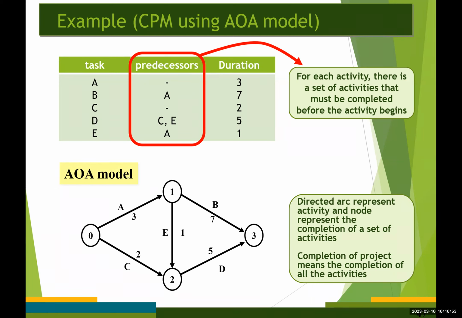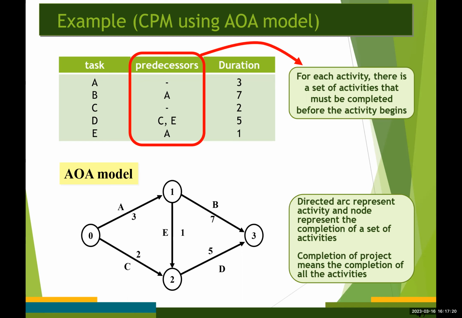So I want you to record that in the AOA network, activities are represented by a directed arc, right? The nodes are used to represent the completion of a set of activities, okay? For this reason, the nodes in the project networks are referred to as events.